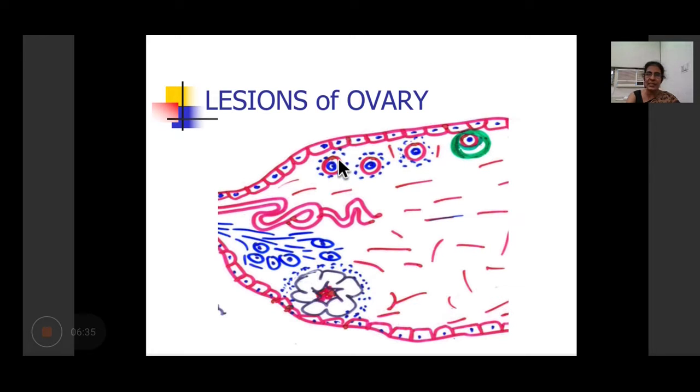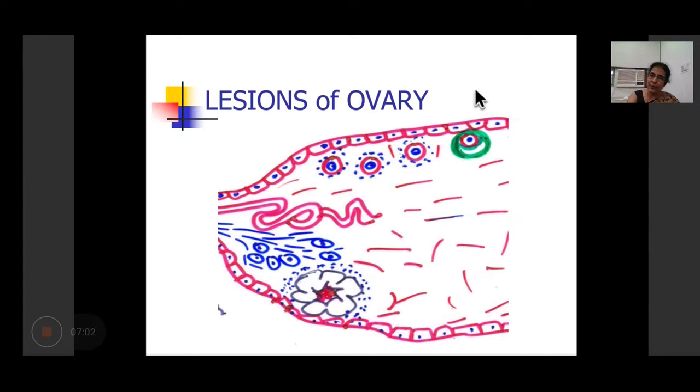Then we have the germ cells in the ovaries, which would be from the primary follicle, which will convert into a secondary follicle surrounded by the luteal cells, and then there will be a tertiary follicle formation. The tertiary follicle, when it forms in the cortex, reaches close to the capsule, bursts out of it, from where it is picked up by the fimbrial end of the fallopian tube, and then it will traverse the wall of the fallopian tube and would get implanted after fertilization into the endometrium.